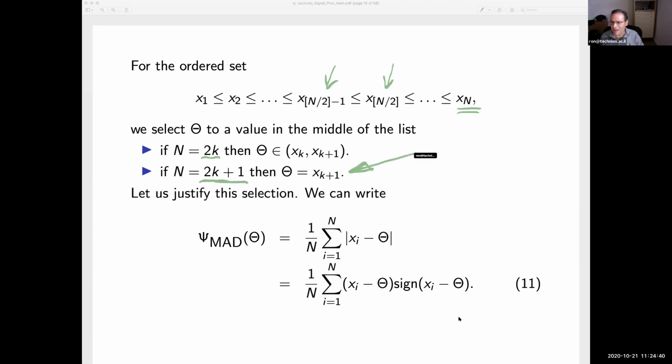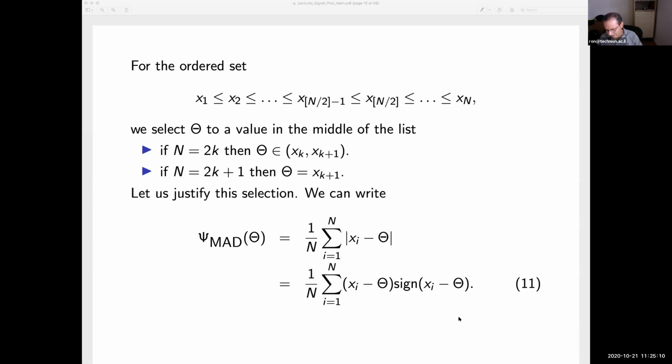And as I think Michael or Alex said, if I have an even number of points, for example 20 points or 50 points or 100 points, then I can choose theta to be any number between the 2 points in the middle. So let us prove this intuition in the following way.